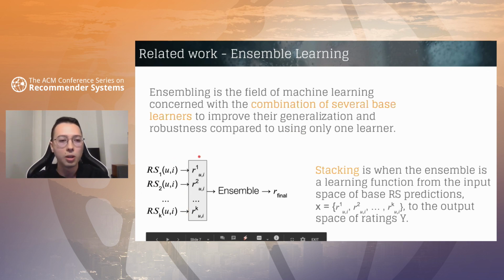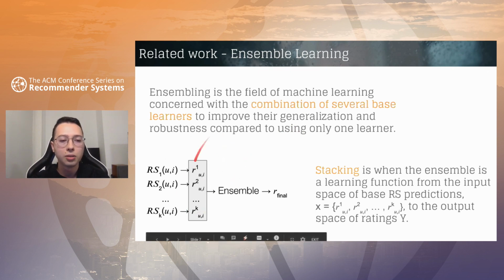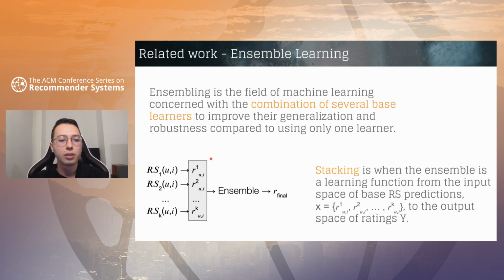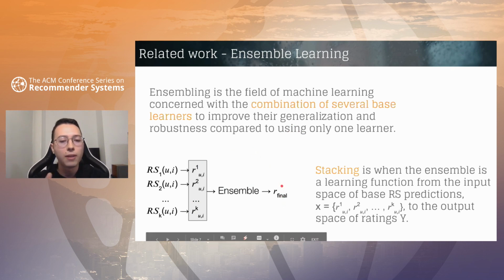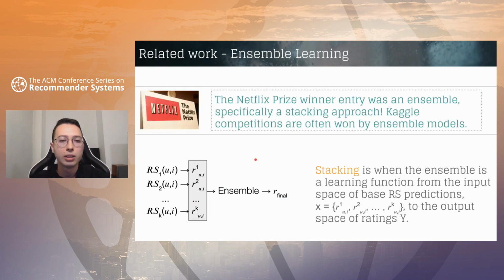Each one will output a prediction, and the stacking model will receive those ratings as the input space, and it will learn a function that maps from this input space to the final prediction. This is what won the Netflix prize, and a lot of Kaggle competitions are won by stacking. I think in the Twitter competition of the RecSys this year, there were some stacking approaches as well.